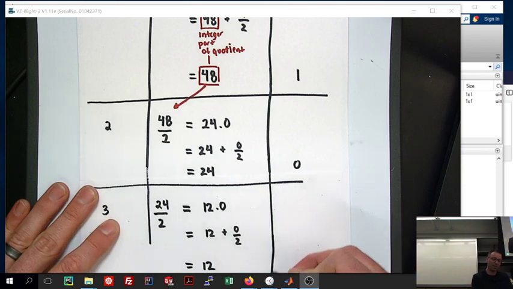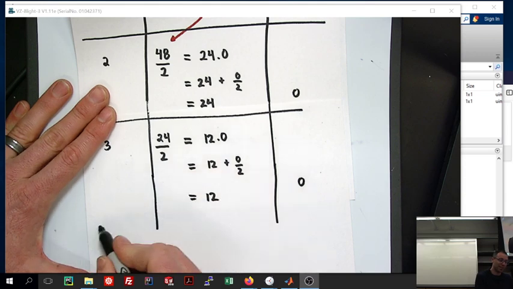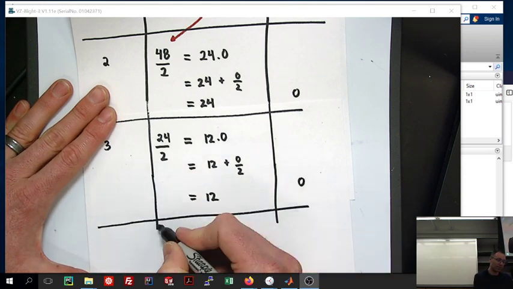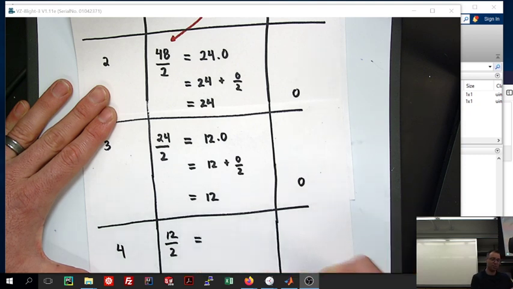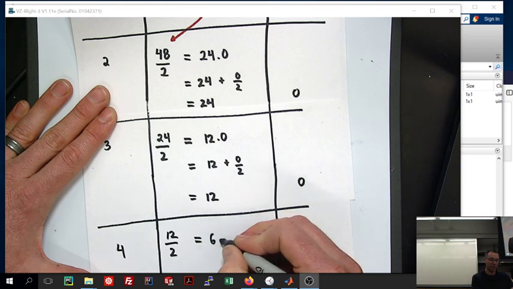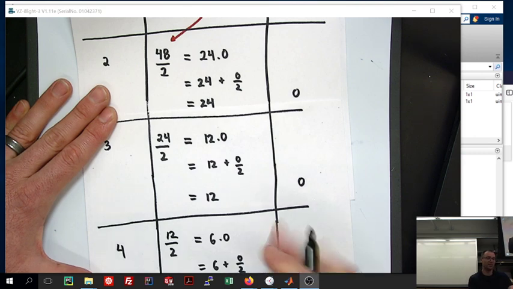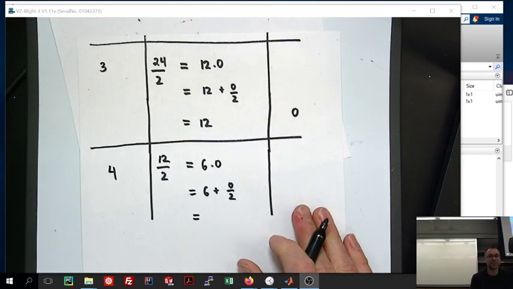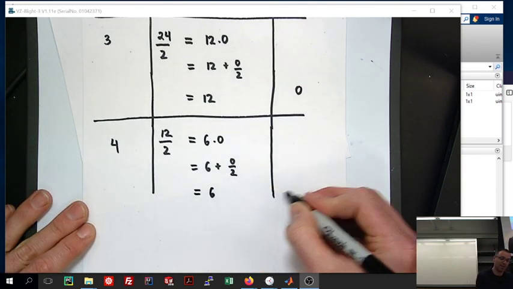What's the remainder? 0. What's the next step there? 12 divided by 2. What's 12 divided by 2? 6.0, which is the same thing as saying 6 plus 0 divided by 2, which is the same thing as saying 6 with a remainder 0.